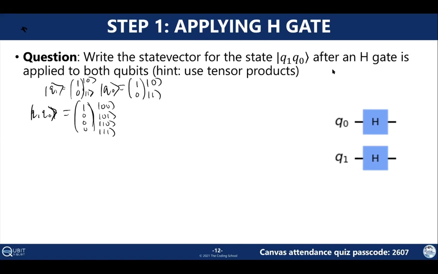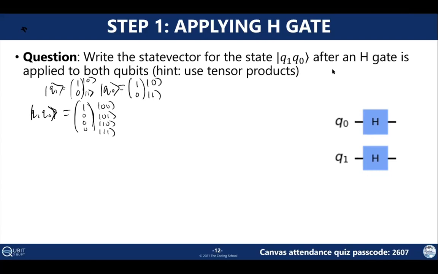We now want to apply a Hadamard gate to both qubits, and you could either do it by taking the tensor product of these 2 Hadamard gates and make it into a larger matrix, which I can show you how to do, or we can just apply the gates to each qubit individually.